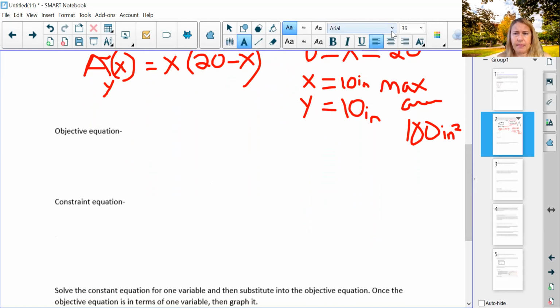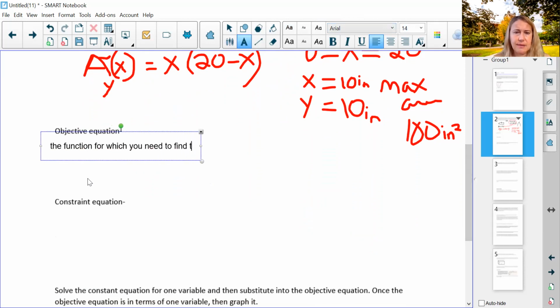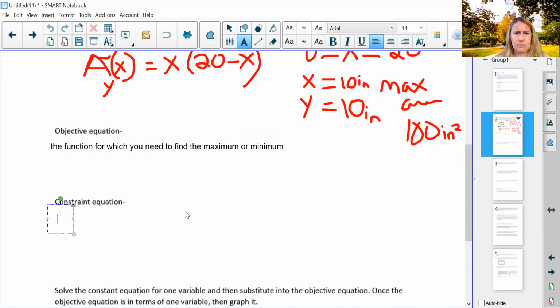So the objective equation is the function for which you need to find the maximum or minimum. It's the objective of the problem.